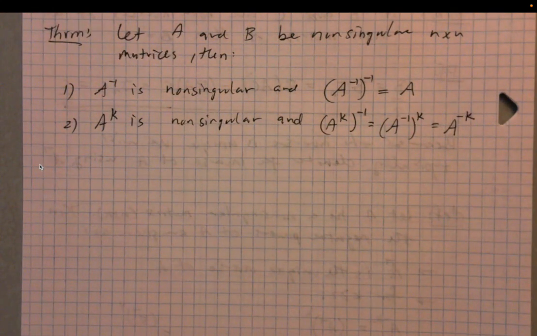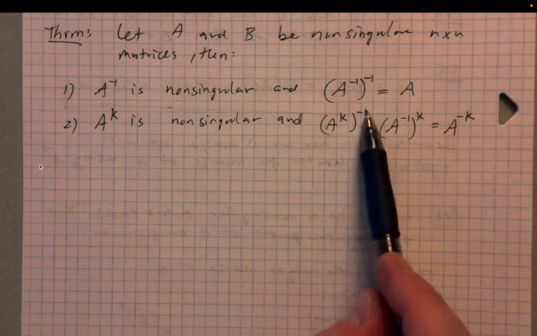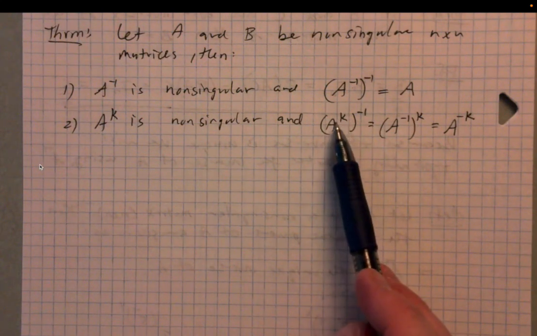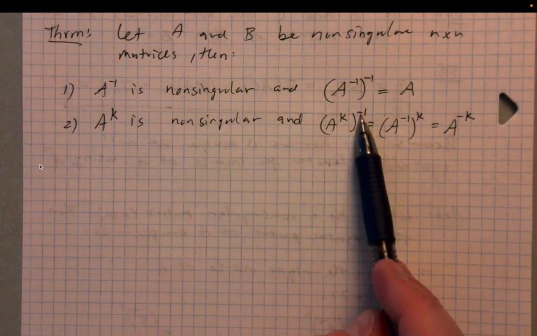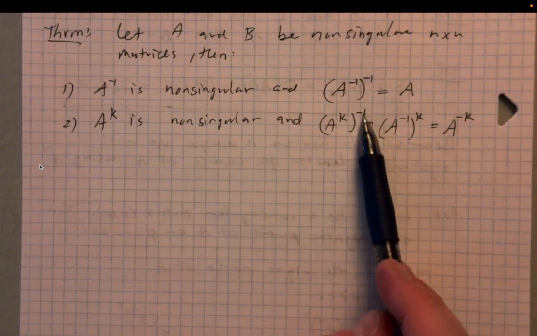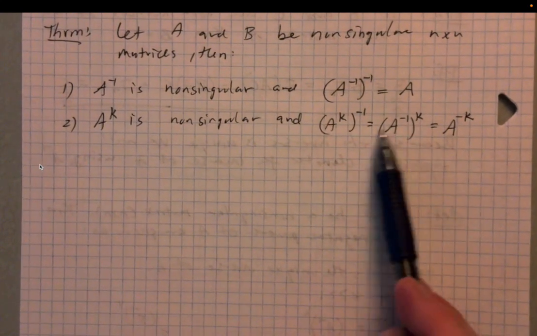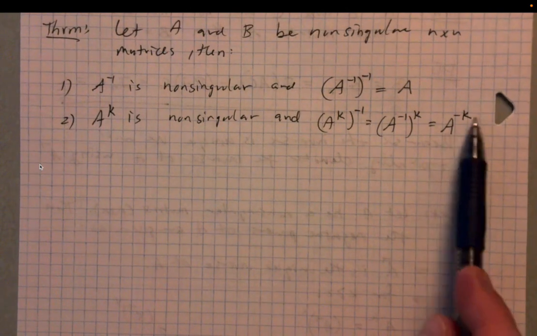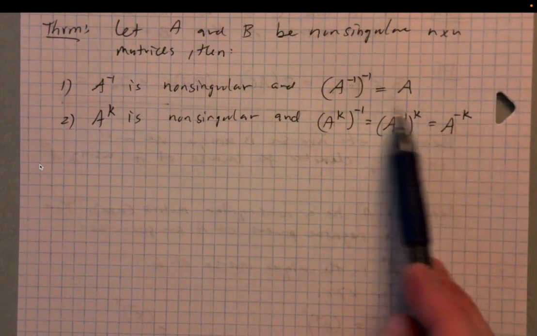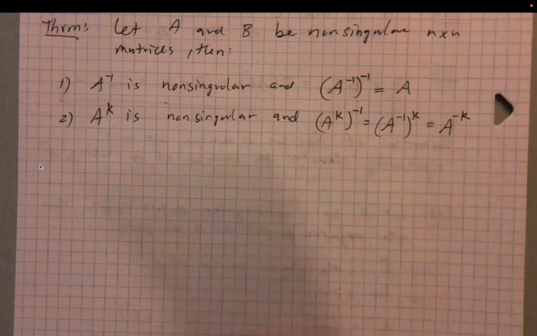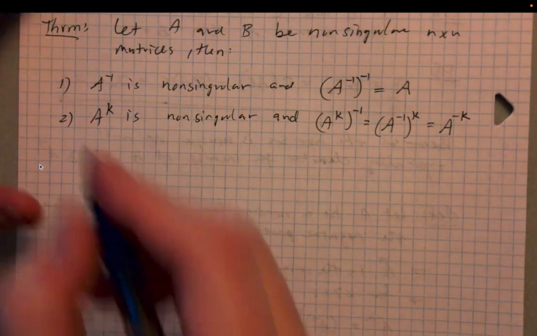Again, nice notation, right? If I want to know the inverse of A to the K, I can identify the inverse with this notation. I know I can flip those, and so I can also multiply the exponents together and get negative K, right? Which is the way you'd want to notate that. Perfect.